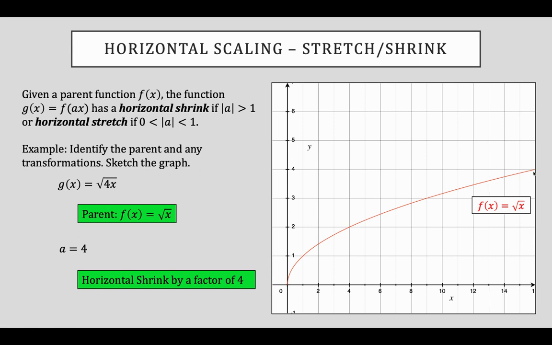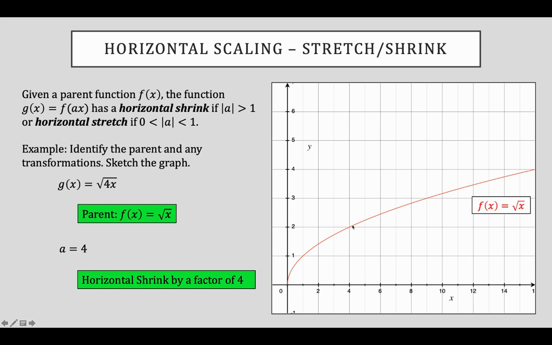Horizontal scalings are going to affect the x-coordinates. I'll say that one more time. Horizontal scalings are going to affect the x-coordinates. What we can do is take every single x-coordinate on this graph, and we are going to divide it. Notice I said divide this time. Divide it by a. So, for example, here I had the x-coordinate x equals 4.